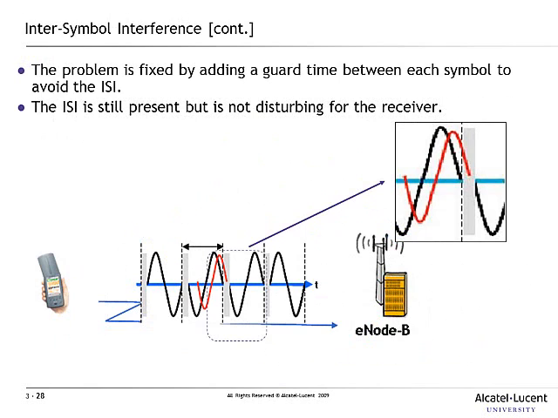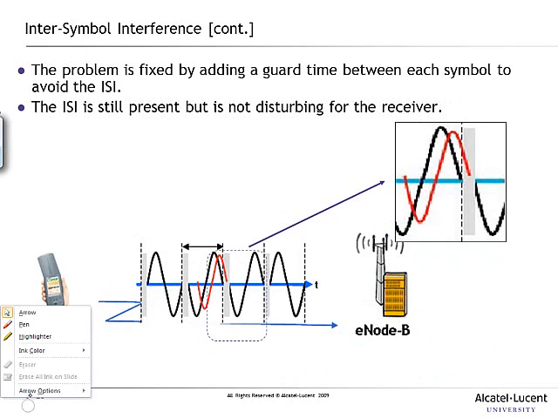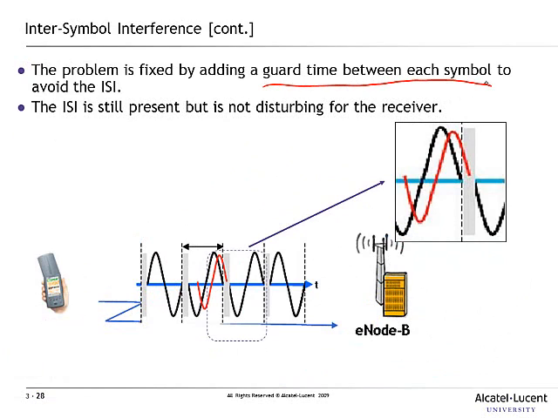So how do we overcome this problem? Well, we overcome this problem by putting a guard time between each symbol. So we transmit a symbol and we have a small amount of guard time, and these guard times are shown in red here.